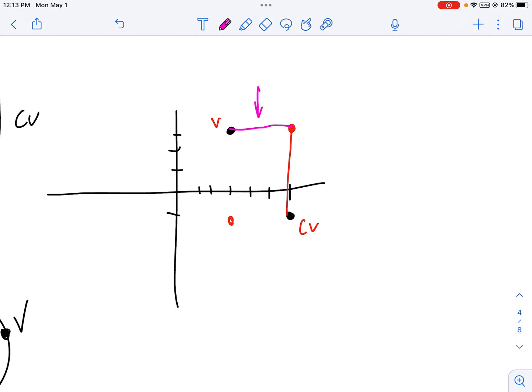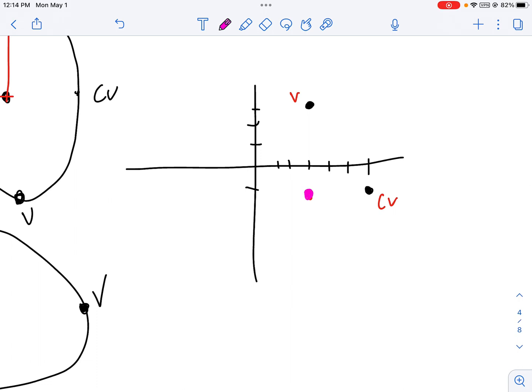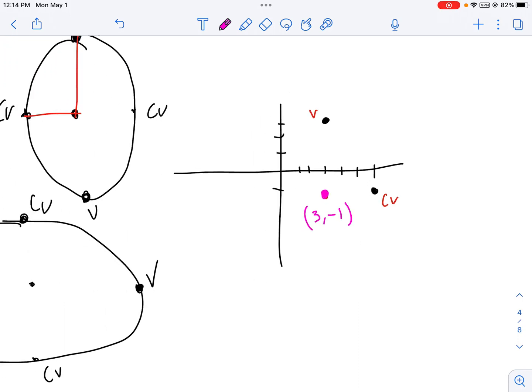We know that the vertex has to be furthest away from the center, which means it would have to be that point, that distance right there, which means that this can't possibly be your center, and we are looking at right there as our center point, because that has to be the longest distance to the vertex and the shorter distance to the covertex. Okay, and then right there, bam, we just drew it. We now know where that is. So (3, -1) is our center point.